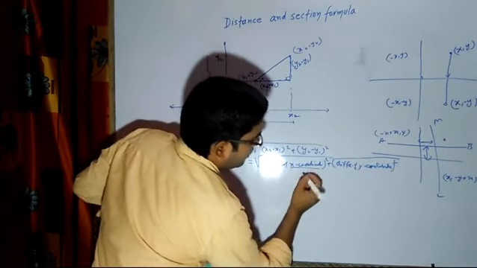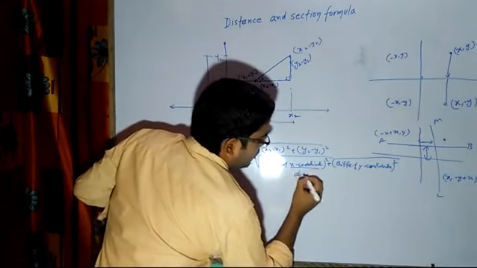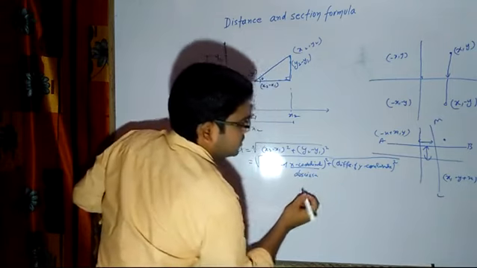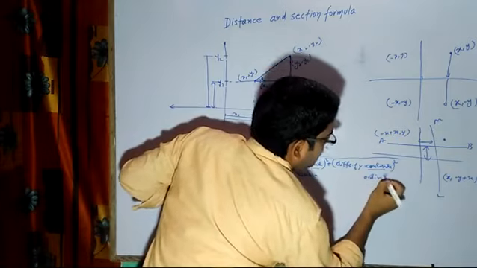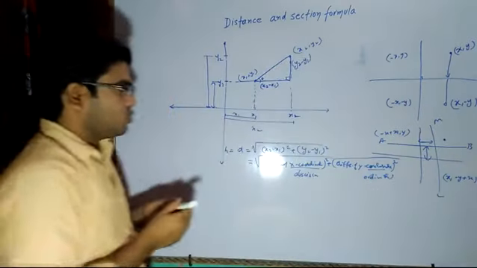Instead of writing x coordinate we can also write abscissa, and this is the ordinate: the square of the difference of abscissa plus the square of the difference of ordinate.